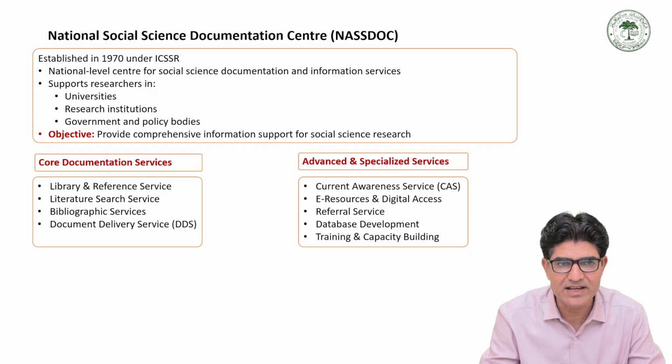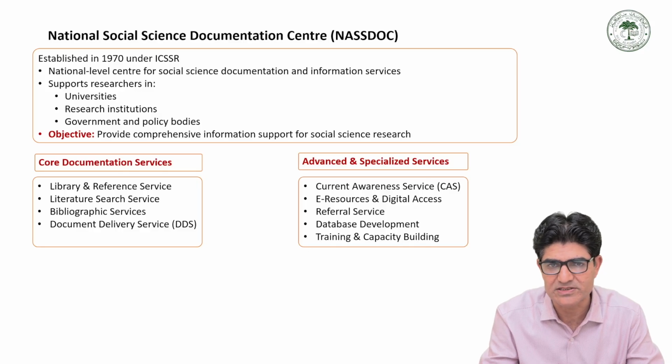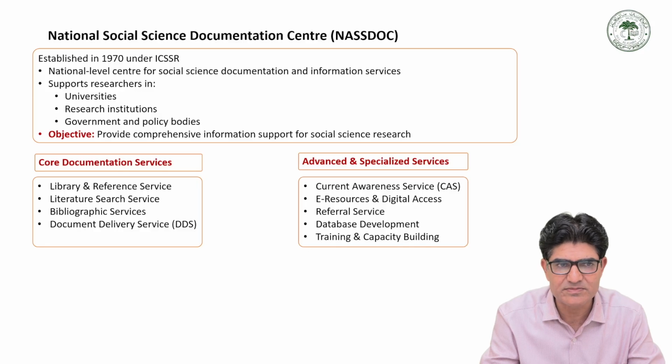This national center is devoted to social science documentation and information services and supports research in universities, research institutions, and government and policy bodies. The objective of this documentation center is to provide comprehensive information support in the field of social science, particularly for social science researchers.